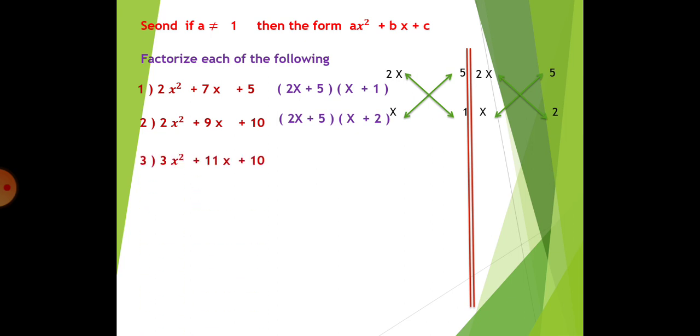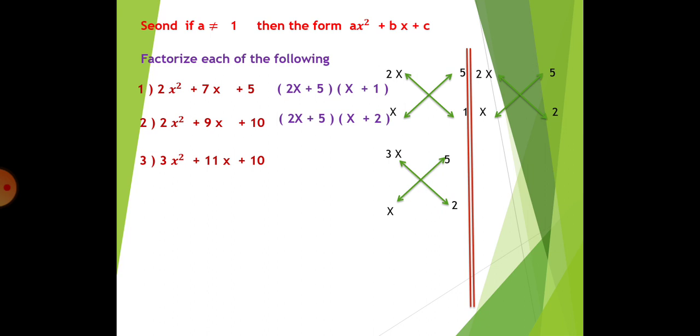Number 3, 3x power 2 plus 11x plus 10. We factorize 3x and x. Factorize 10, 2 times 5. 3x times 2, 6x. 5 times x, 5x. 6x plus 5x, it will be 11x.